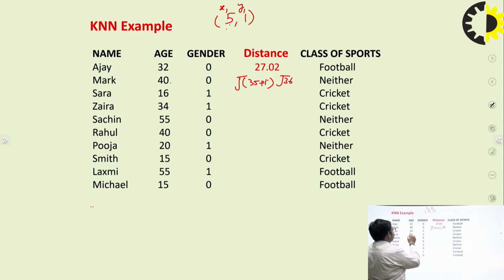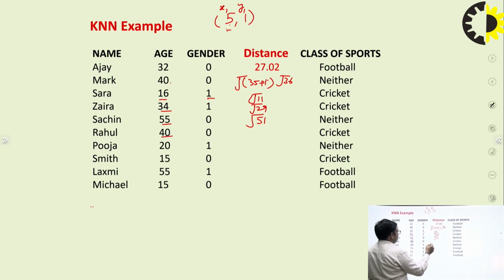This would be 11 and 0, so it would be under root of 11. It would be 34 minus 5, which is 29, the whole square of 29. 55 minus 5 goes to 50, 51, the whole square of 51.